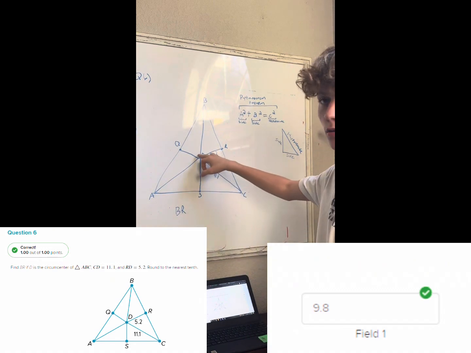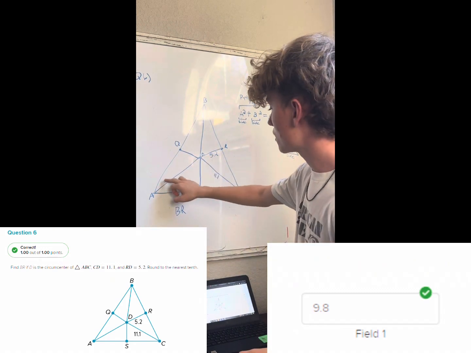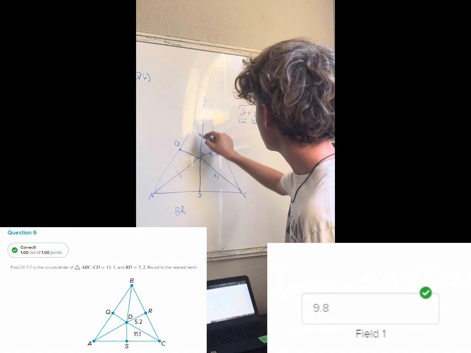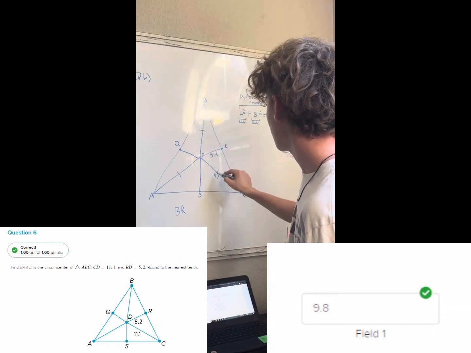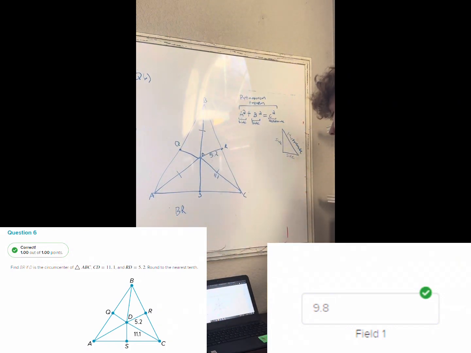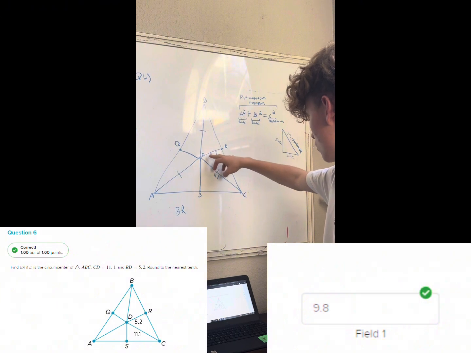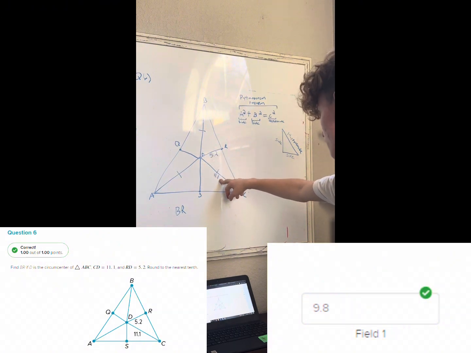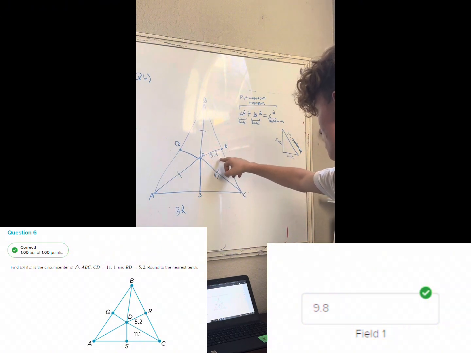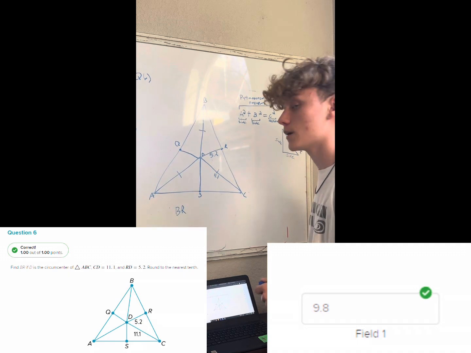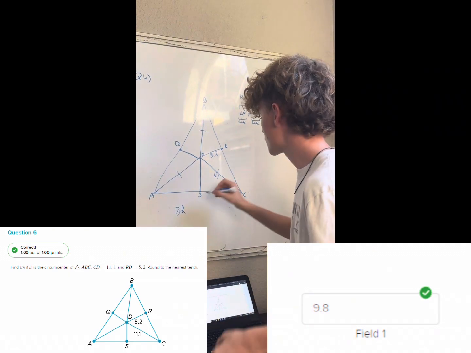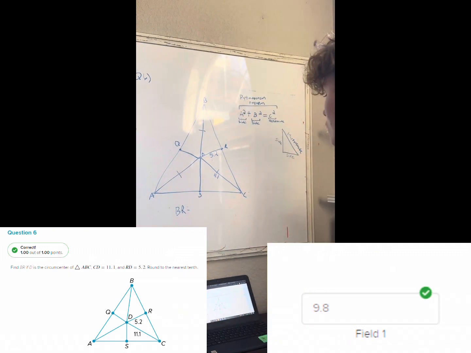So this is the middle, and that means AD, BD, and CD are all equal because that's the circumcenter. I can go into more depth about that in another video. So we know CD equals 11.1 and RD equals 5.2, and we have to round our answer to the nearest tenth.